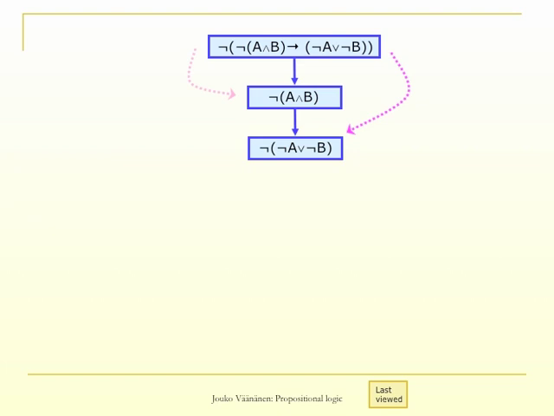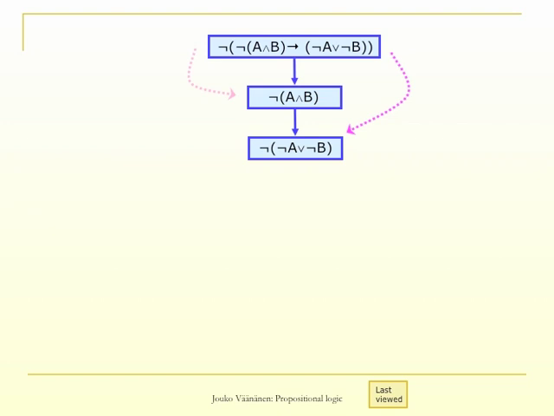We get two formulas. First, the hypothesis of the implication, and then the negation of the conclusion of the implication. This is what it means for an implication to be false. Hypothesis is true, but conclusion is false.